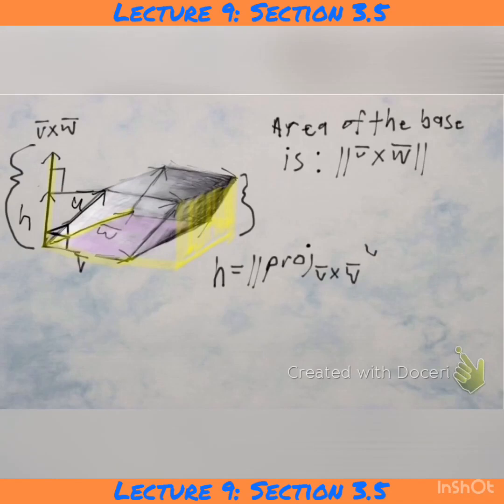Essentially, I want to orthogonally project u onto v cross w, and that is going to give me this particular height here.